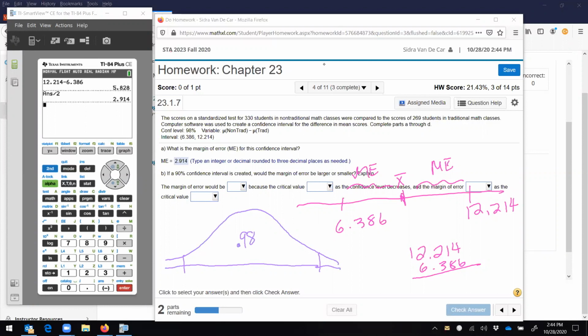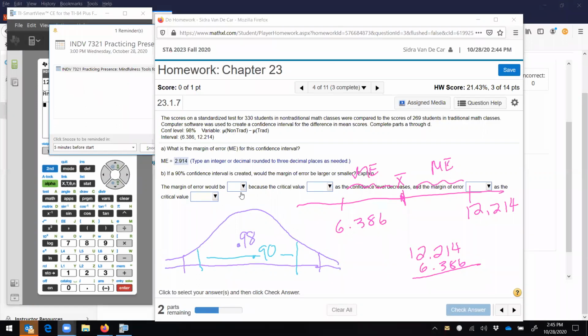Well, if I've got a 90% confidence interval, notice that to have 90% in the middle, it would have to be smaller, right? This is the 0.90. So the margin of error would be smaller.